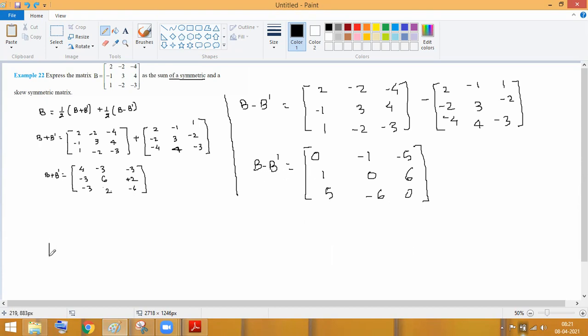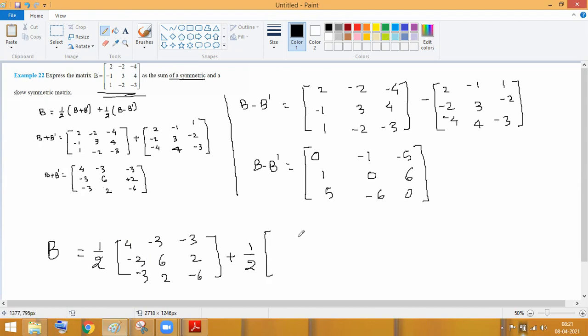Now, so we can express this B equal to the half of, means you can express your matrix B equal to the half of this part, that is 4, minus 3, minus 3, 6, 2, minus 3, 2, minus 6, plus half of, in the form of skew symmetry, that is 0, minus 1, minus 5, 1, 0, 6, 5, minus 6, and 0.